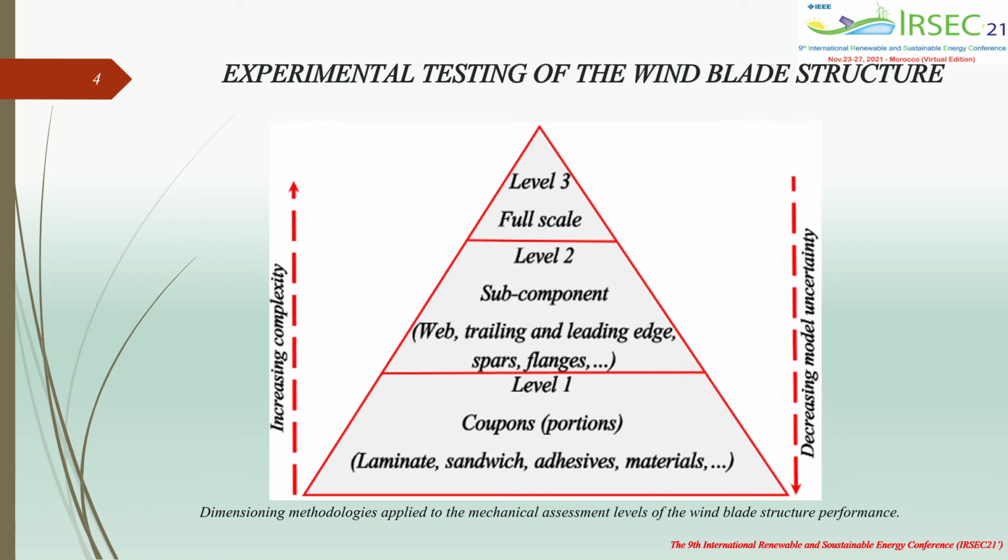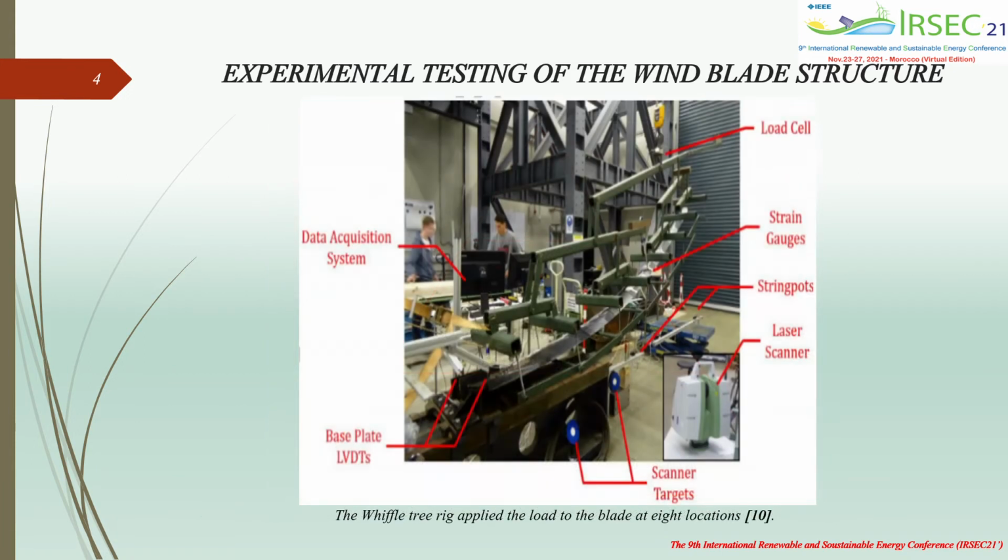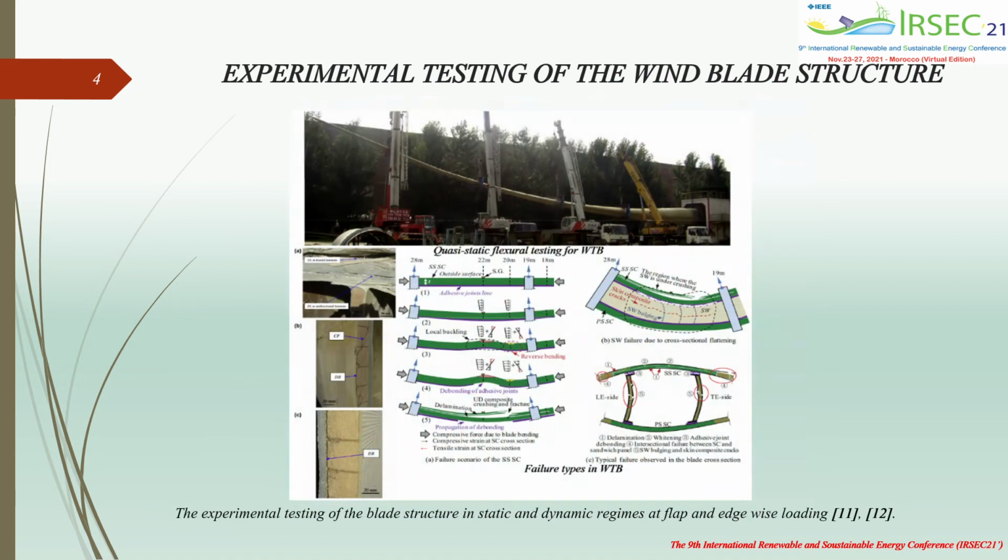To begin with experimentation, which is important because we can really assess the mechanical behavior of the blade. We can detect different localizations of failure using the full-scale model, the subcomponents, or the specimen, which is more complex than other things and uncertain at different levels. So we can use the safety model, and we can observe failure during the tests.